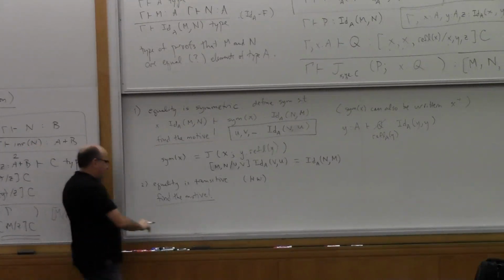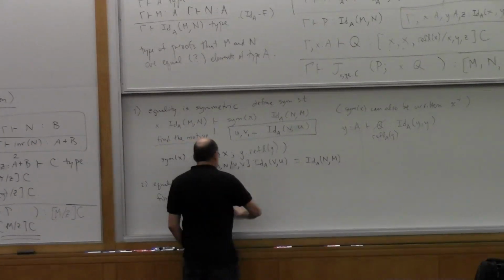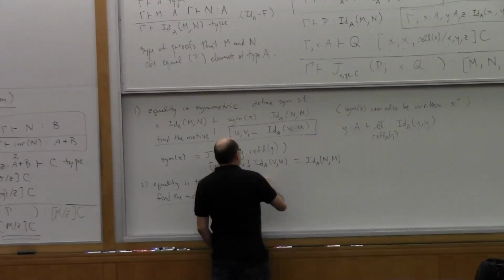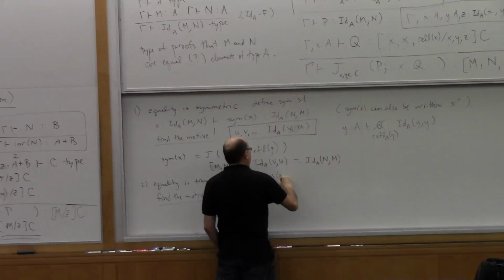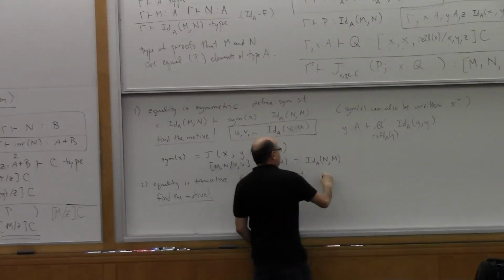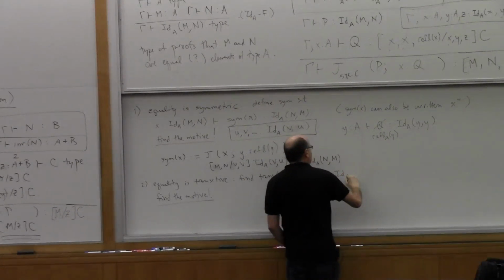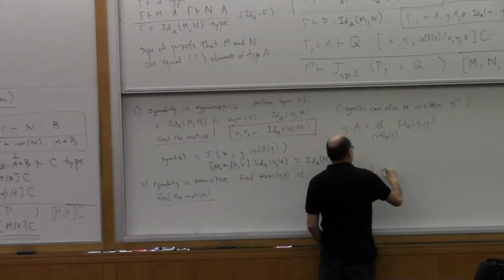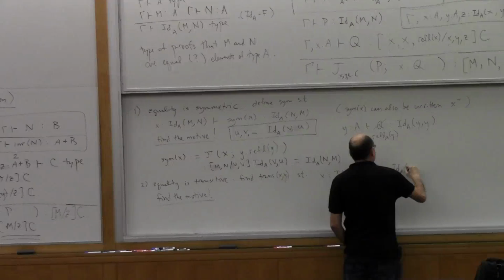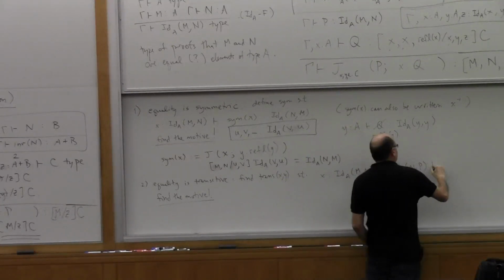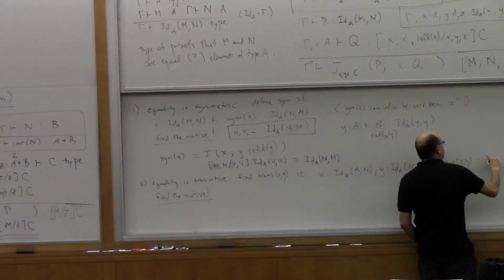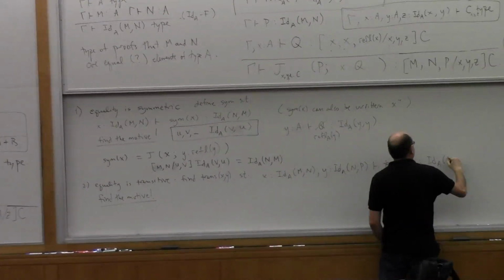All right, so what we're going to do is show that equality is transitive. You're going to find trans of x and y such that, given a proof of id m and n, and given a proof of id n and p, trans x y is going to be a proof of id a m and p.